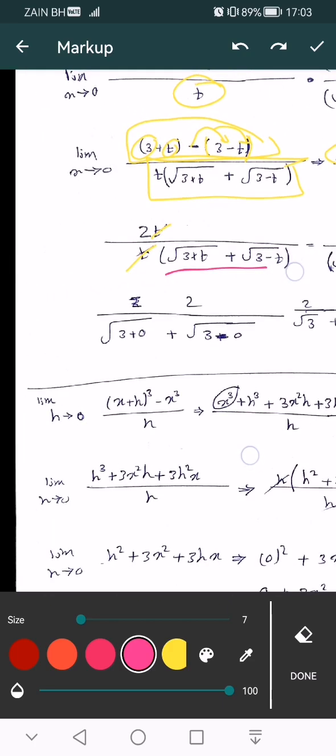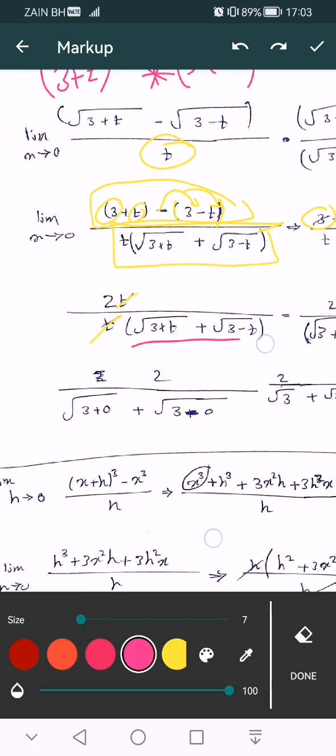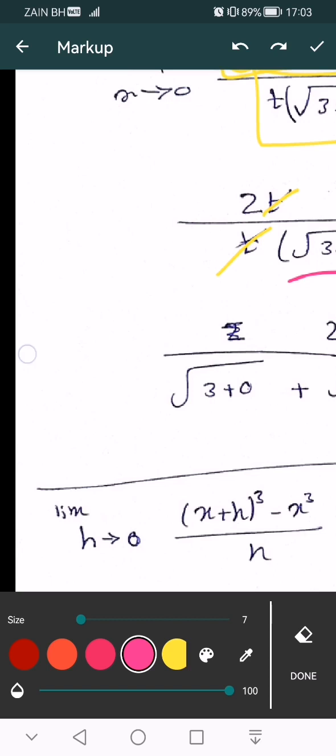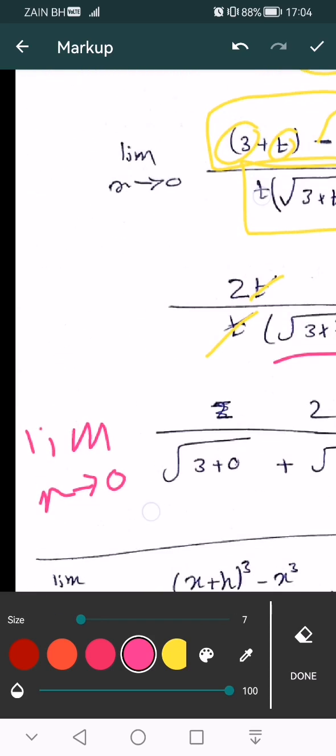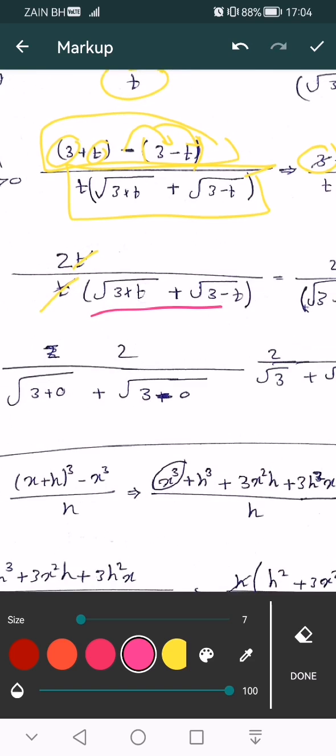Then as I have limit x goes to 0, you have to write it again here: limit x goes to 0. Then I will substitute each t and put 0 in its place.